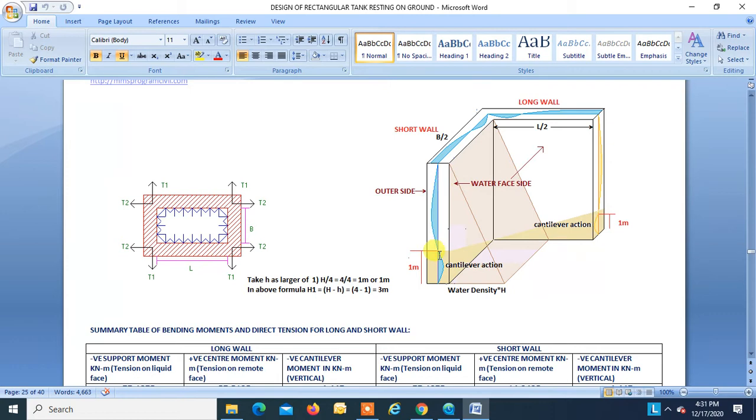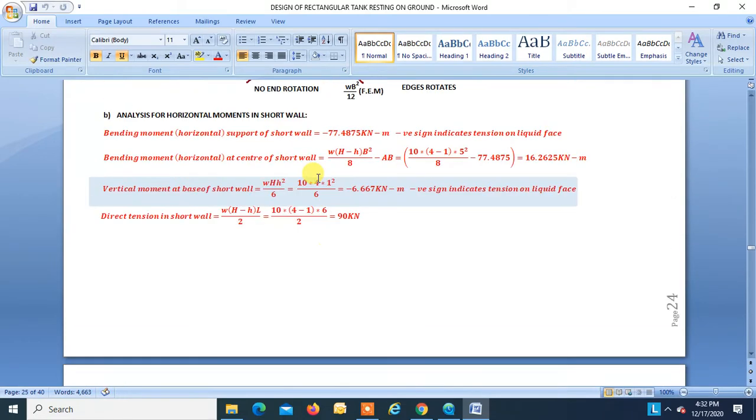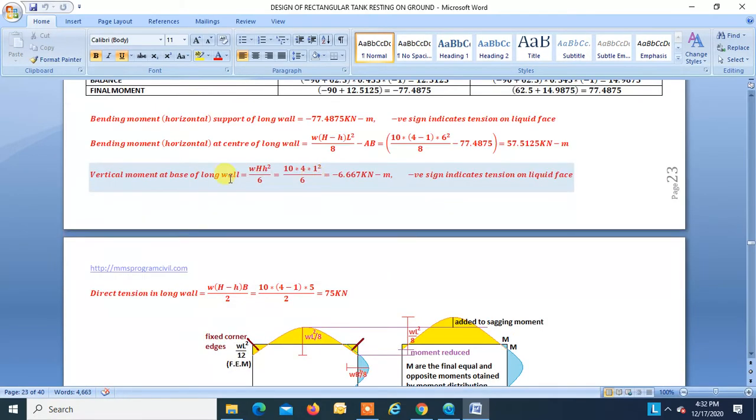For this cantilever height, the maximum moment found at the bottom is minus 6.667. We will have to design for that, and the other area will be designed as a continuous frame. So that is what we got for the long wall.